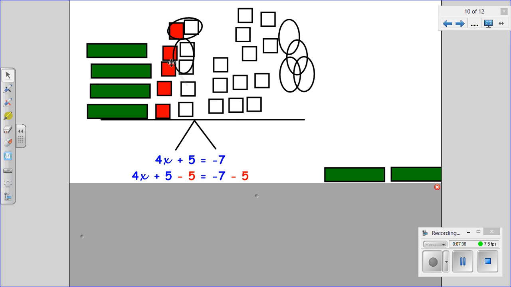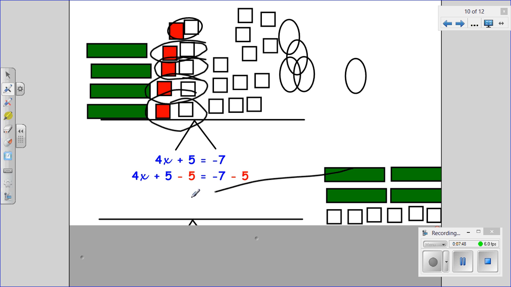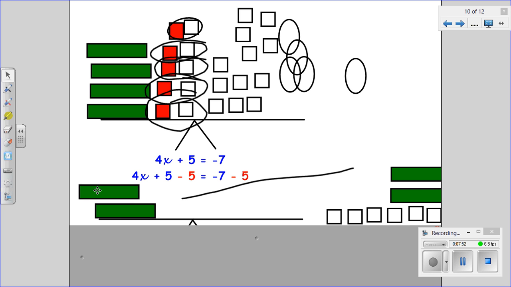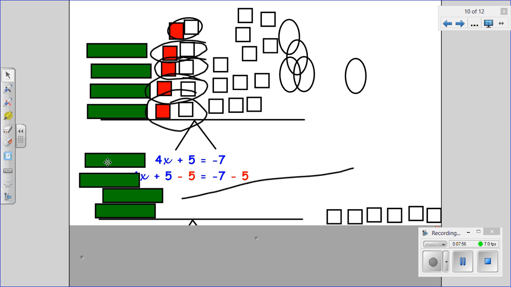I thought I was being smart and making shapes ahead of time. It's not working so well, so let's just see. 1 0 model, 2, 3, 4. Those are all gone. So I'm left with 4x's on the left, and I have -12 on the right.